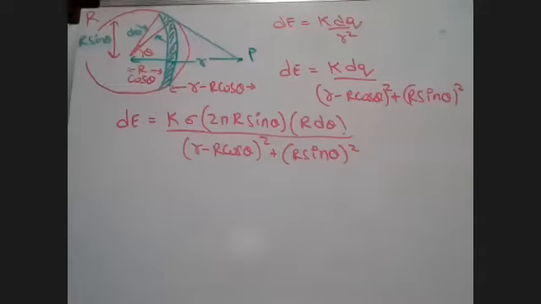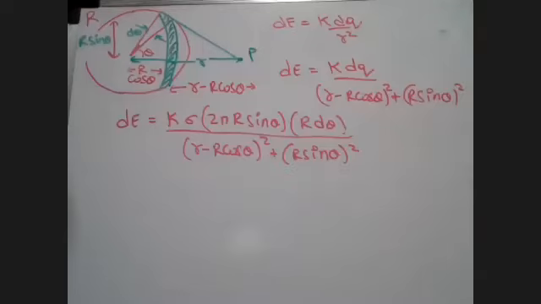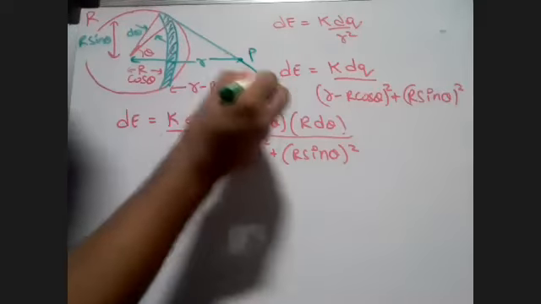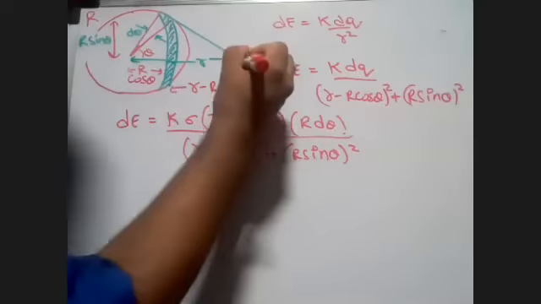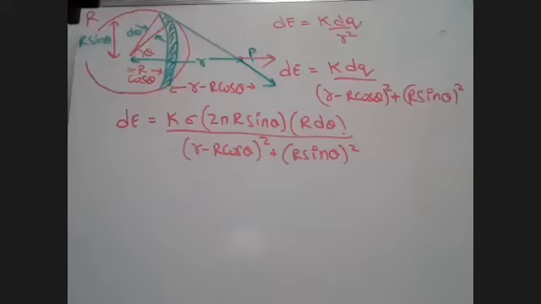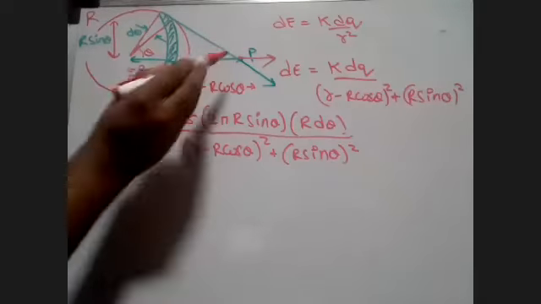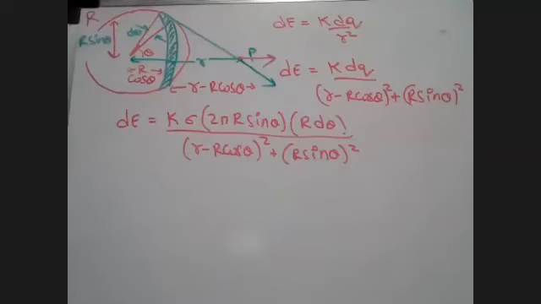Now this is going to be the electric field intensity at this point P, but in what direction? It's going to be in this direction, and that's what we don't want. We want it in terms of the x-axis, so I will take the component of this radial direction on the x-axis, and that will give me cos theta.